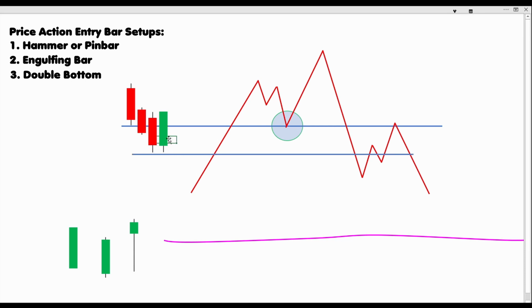This will be my signal bar here. The stop market order goes 1 tick above this bar, using a stop market or stop limit order to enter the trade.